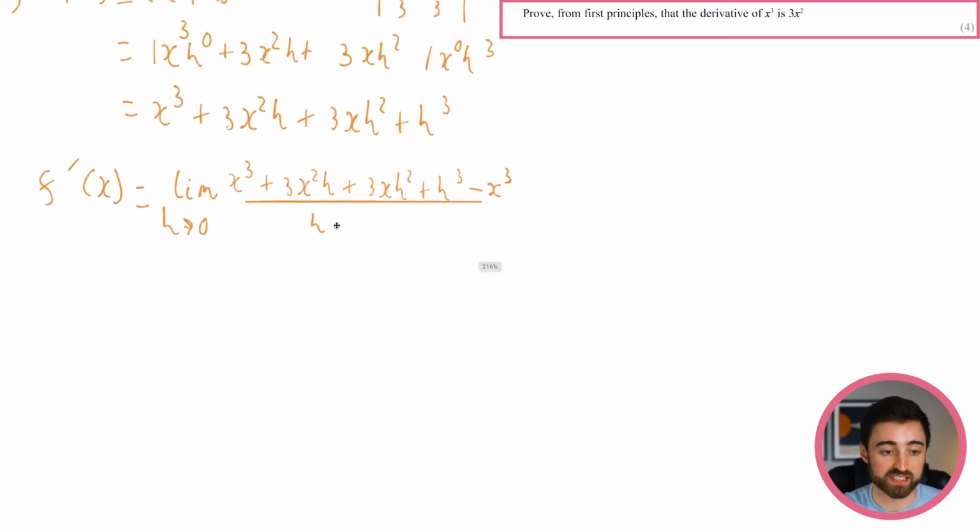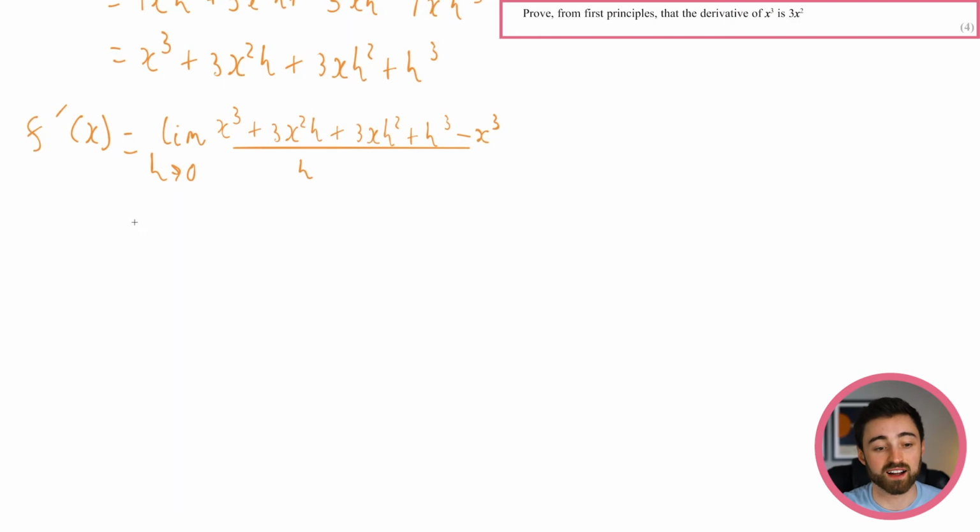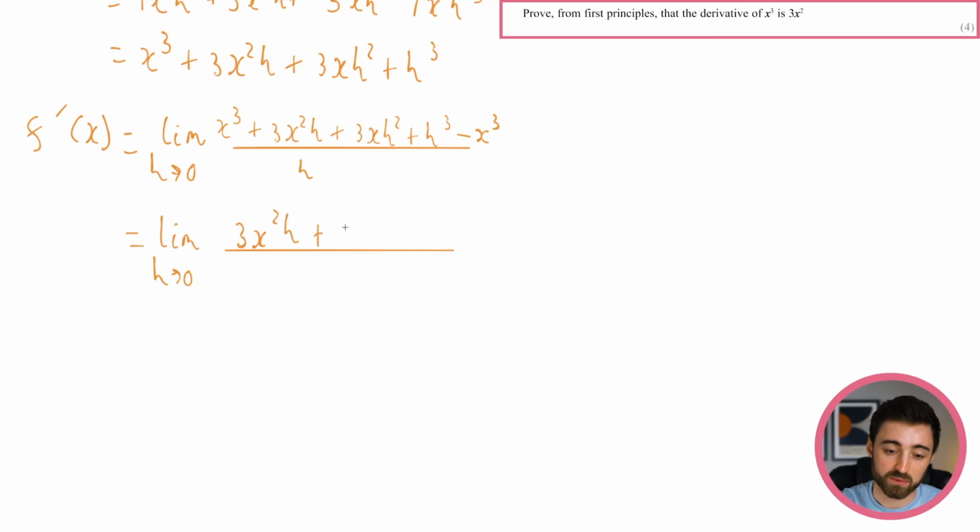Cool, okay. So the whole point of this is that right at the start, I can't sub h equals 0 in, because I get 0 over 0. But then I can do some algebra that cancels this 0 over 0 and it works out. I've got an x cubed here and an x cubed there, so I can cancel those out. I'm left with everything in the middle: 3x squared h plus 3xh squared plus h cubed, over h.